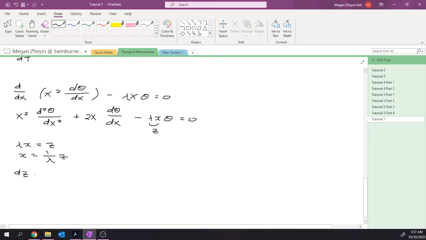So dz is equals to lambda dx. Dz, write it here.